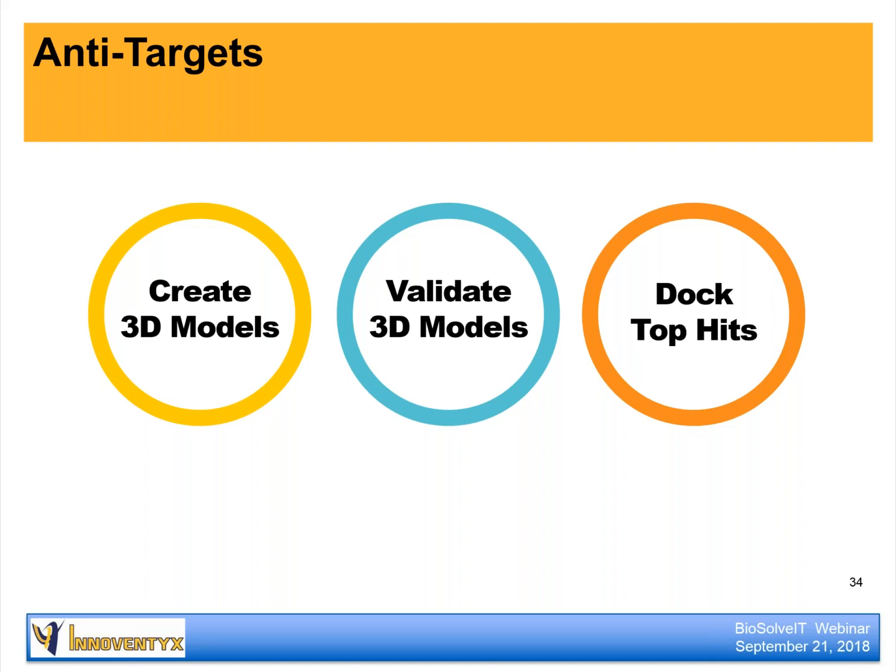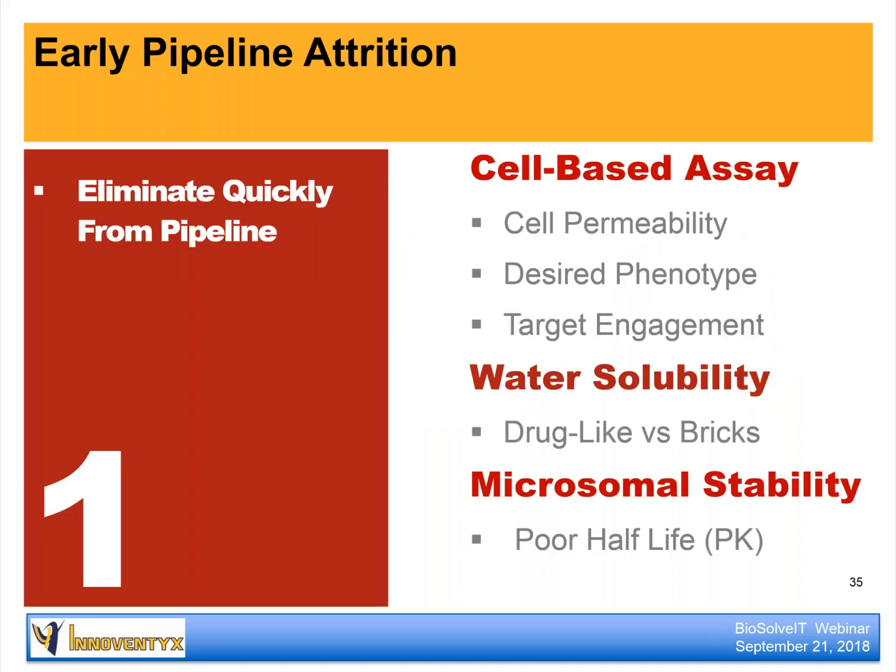You identify them, you create the 3D models, you validate the models, and once you dock your compounds against the target of interest, you can take the top ones and dock those against the anti-targets. And you can start eliminating this way the ones that are going to be hitting both targets. Those are going to be more promiscuous versus the ones that hit only the target of interest.